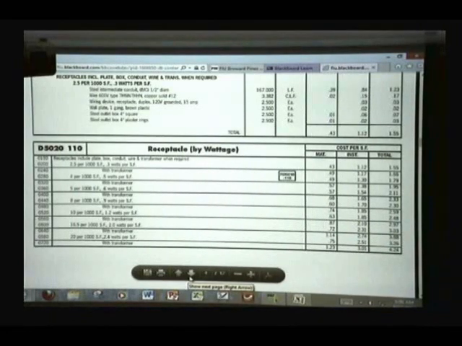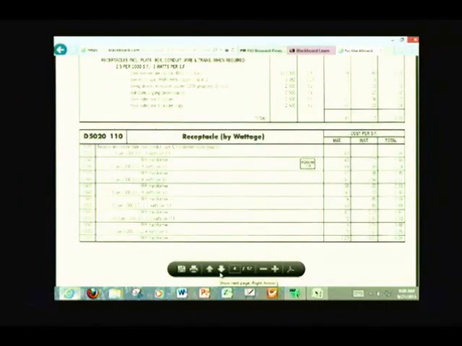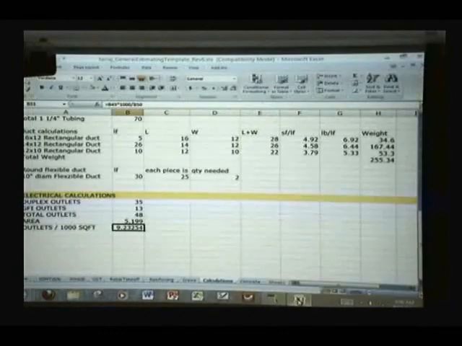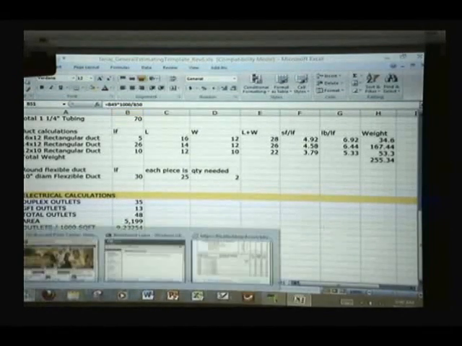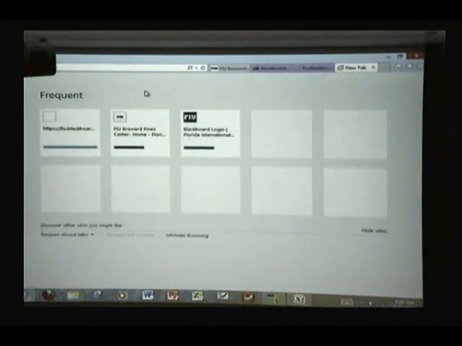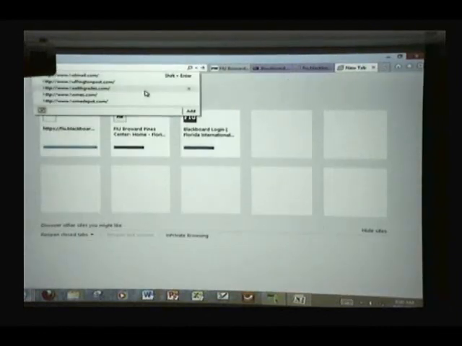I calculated the total number of elements. But I do have in my takeoff the duplex outlets separate from the GFI outlets. I could go to Home Depot and find out the difference in price, and then make a decision.